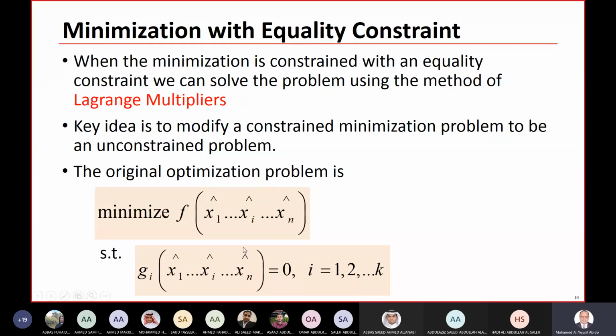If we have a way to incorporate these equality constraints in the objective function or in the cost function, and we expand this function to include the constraint here, in this case we can say we have now an unconstrained optimization problem. This method of incorporating these constraints in the objective function is called the Lagrangian method.